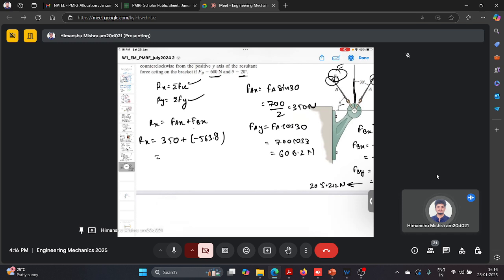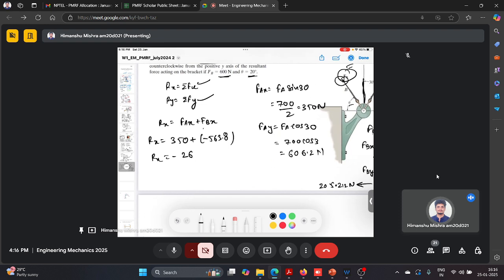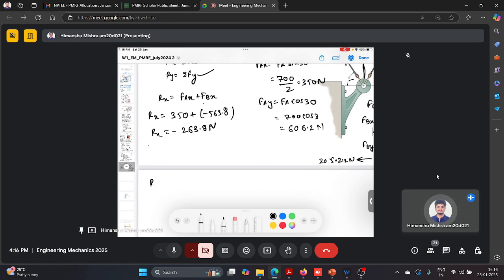So my Rx will be minus 263.8 Newton. And similarly, I can calculate Ry, which is Fay plus Fby.